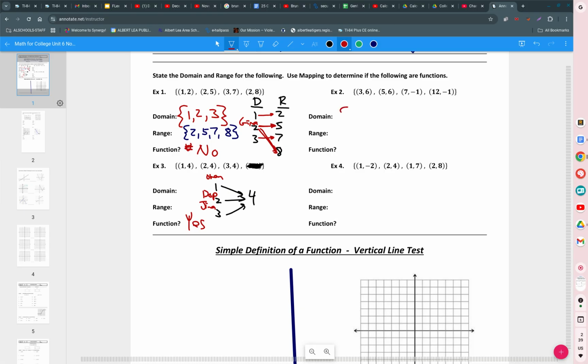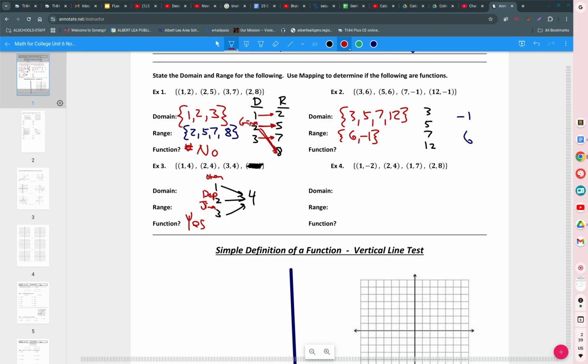Okay? Look at number 2. I have domain values of 3, 5, 7, and 12. I have range values of 6 and -1. So as I go to my mapping, I have 3, 5, 7, and 12. And then I have -1 and 6.